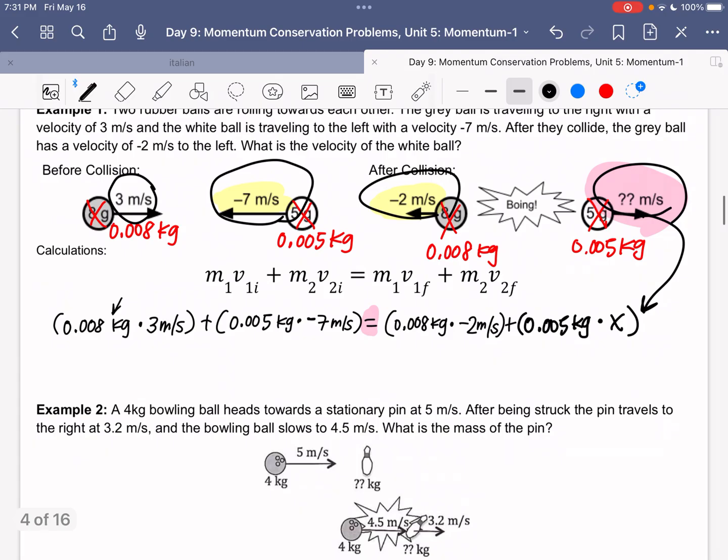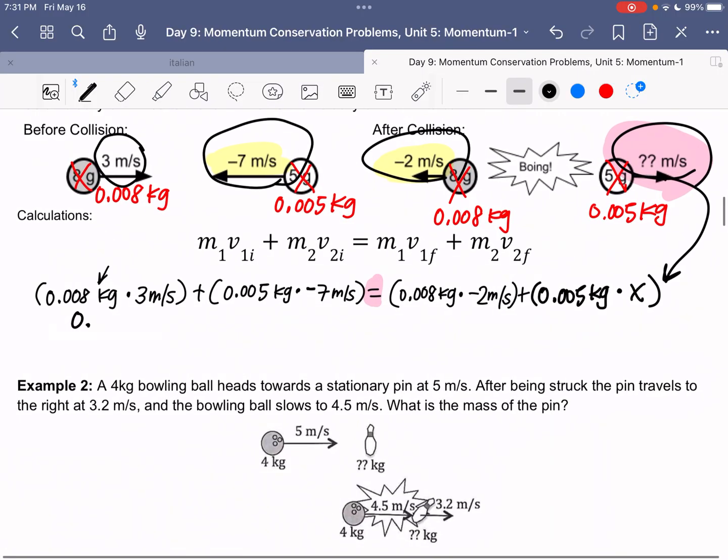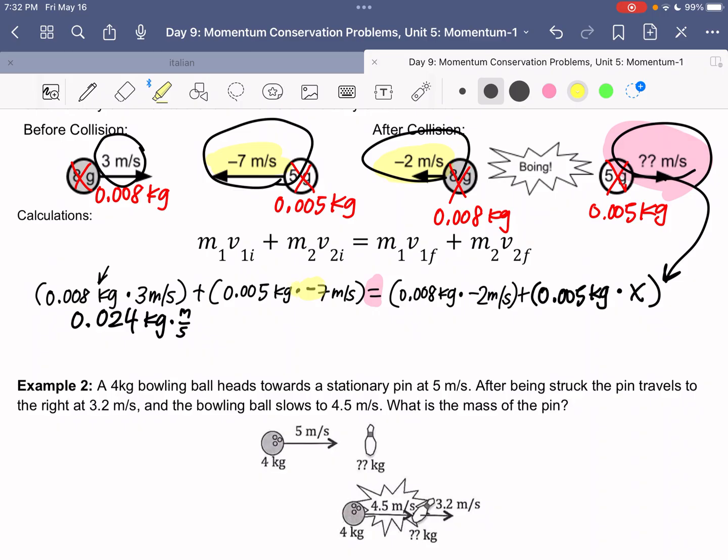Okay? So, wow, I wish I had a calculator. Let me pull it up. So 0.008 times 3 is 0.024 kilograms times meters per second. You need your units. Here, because this is negative and this is positive, we know that this is going to be negative.